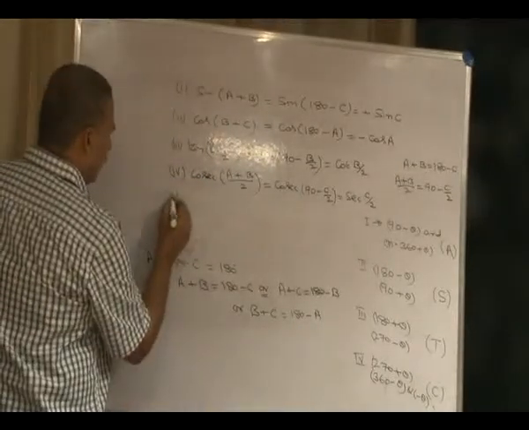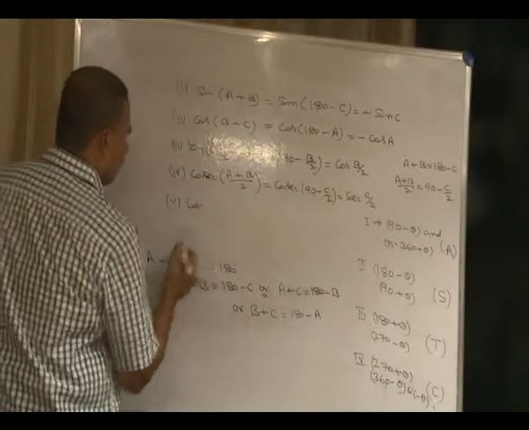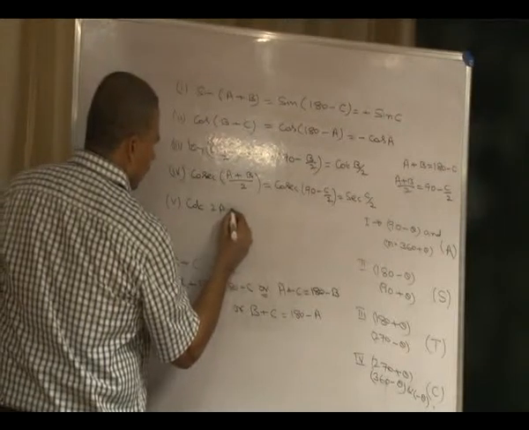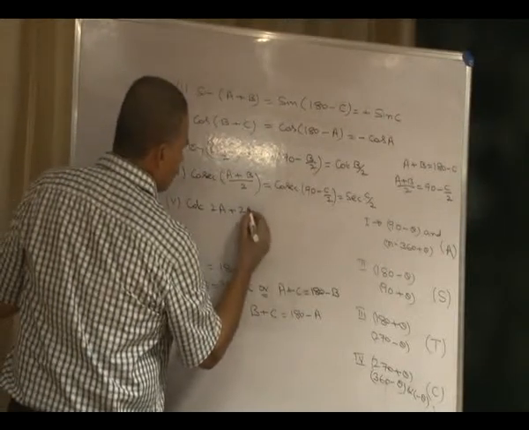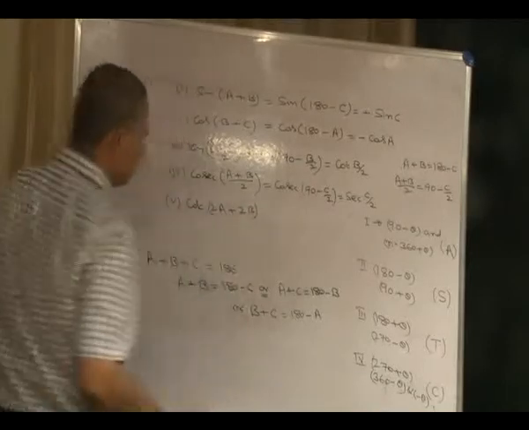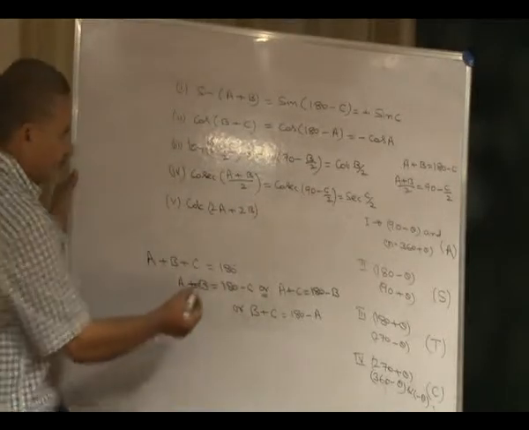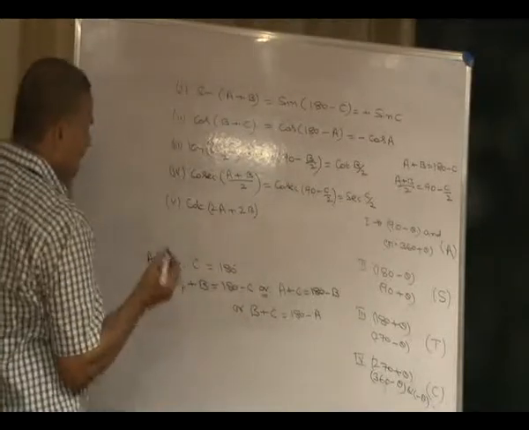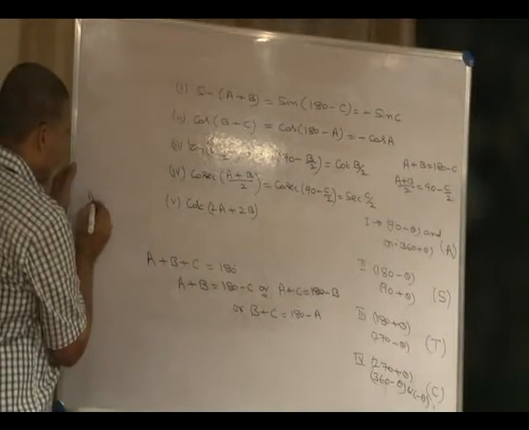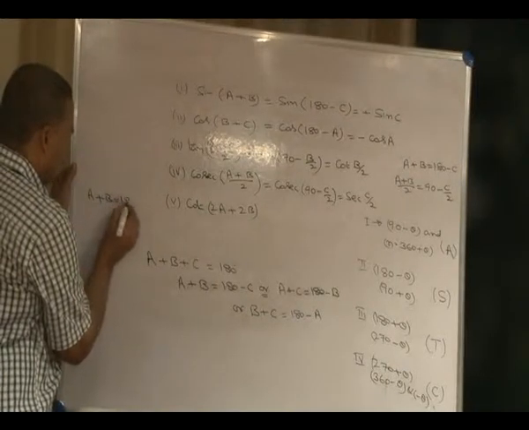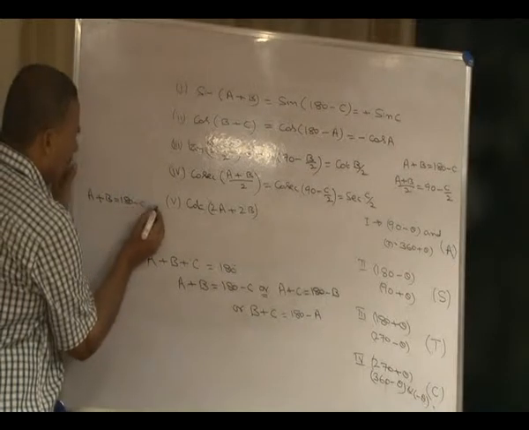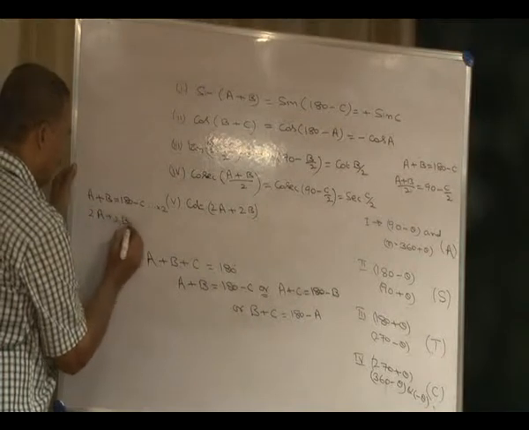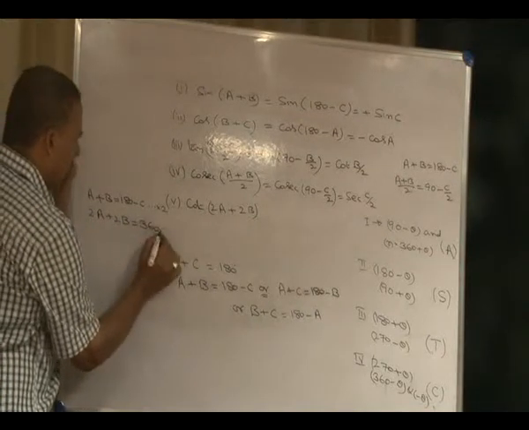The fifth one, cot of (2A plus 2B). Here A plus B equals 180 minus C. When the whole equation is multiplied by 2, we get 2A plus 2B equal to 360 minus 2C.